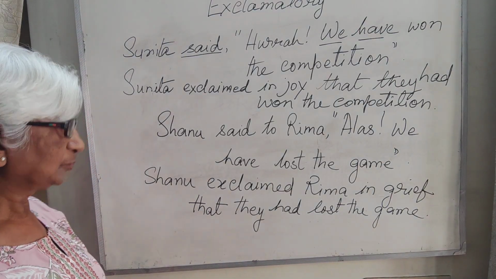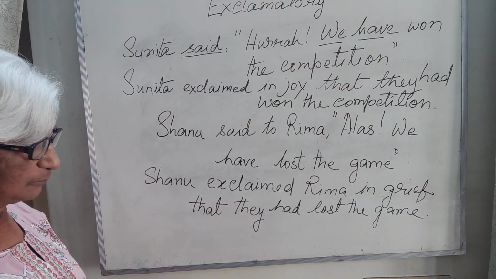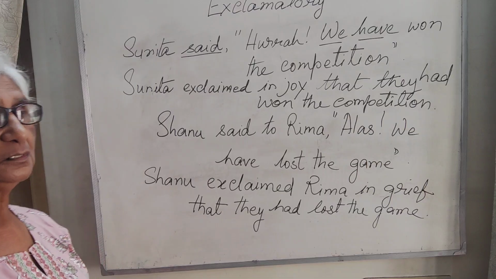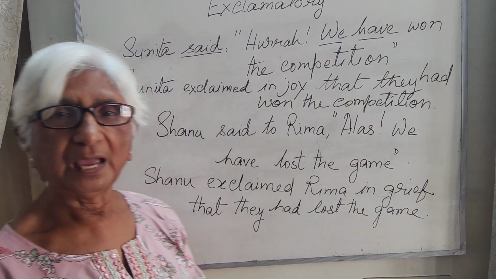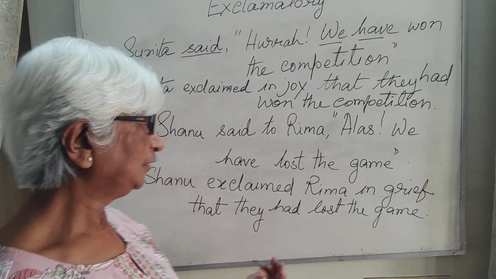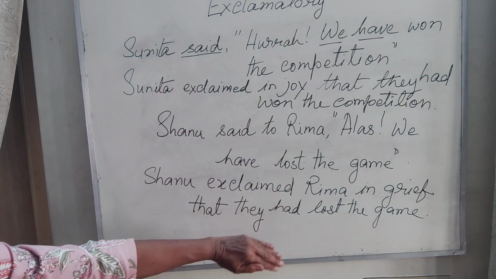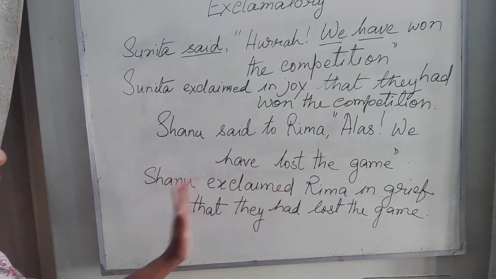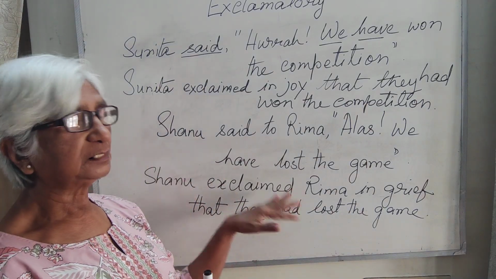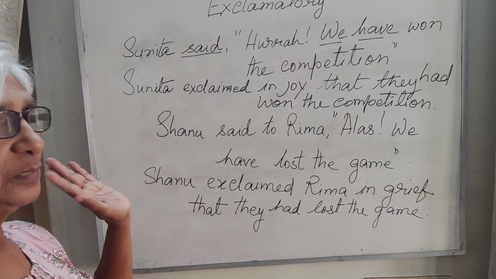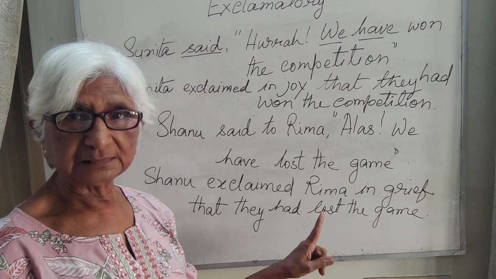Alright, in this way, first we have to find out what's the exclamation conveying, what message is it conveying, and how you feel about it, and then convey it accordingly. It may be joy, it may be sorrow, it may be pain, it may be pleasure, it may be advice, it may be warning, anything.